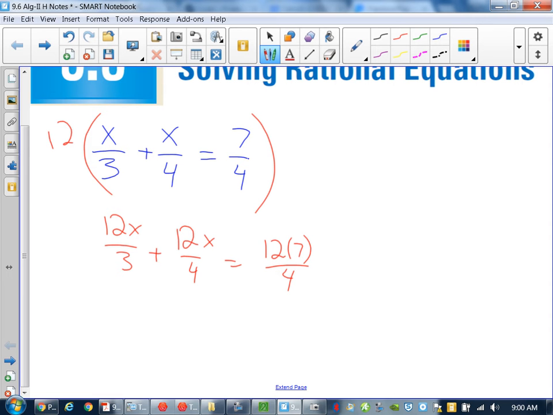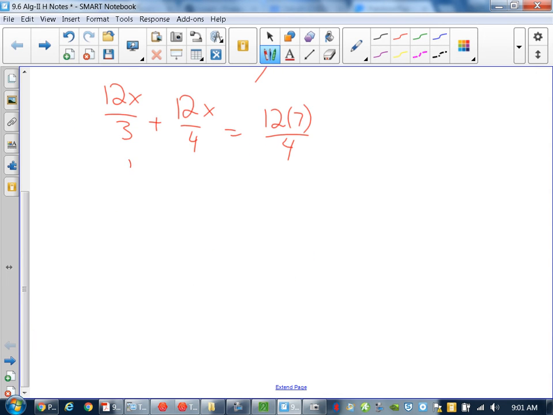I'm doing this the long way because now if you look at it, you have 3 separate monomials that can be then simplified. 12 over 3 simplifies to what? 4. 12 over 4 is, and 12 over 4 is, you're done.